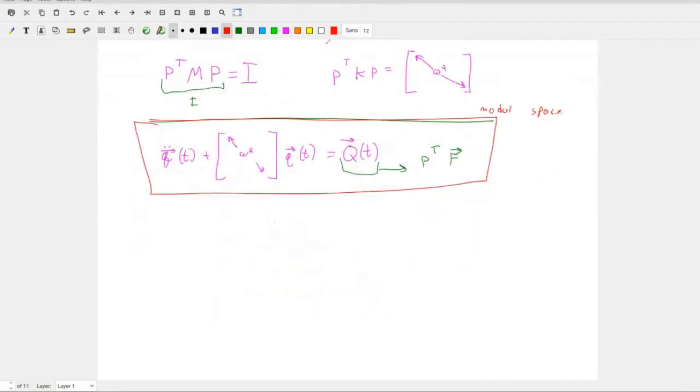We can write this, it's the same thing. I'm not changing or adding anything, but let's just break it out for a given mode, right?